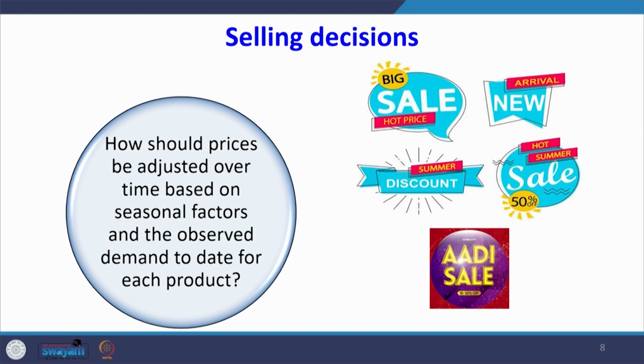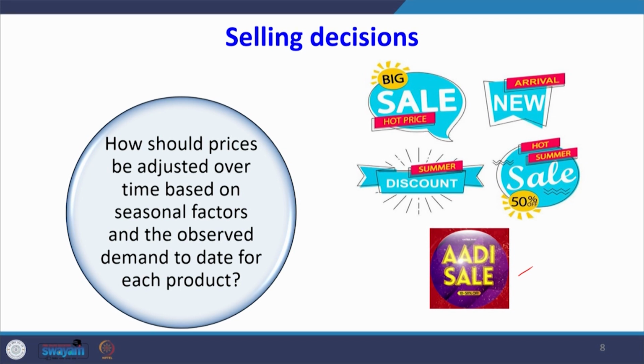How should the prices be adjusted over time based on seasonal factors and the observed demand to date for each product? For example, seasonal products, say during end-of-season sales, are sold at a discount.